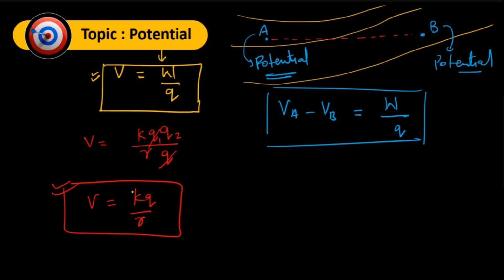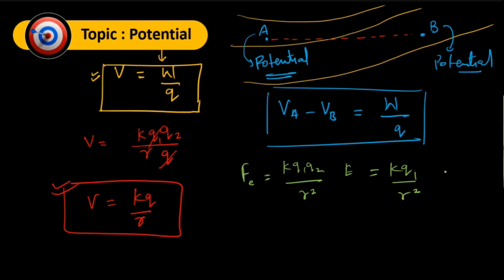So in the relation, we just put KQ by R because potential is due to a single charge. First we see electrostatic force, which is KQ1Q2 by R square. Then we see electric field, which is KQ1 by R square.